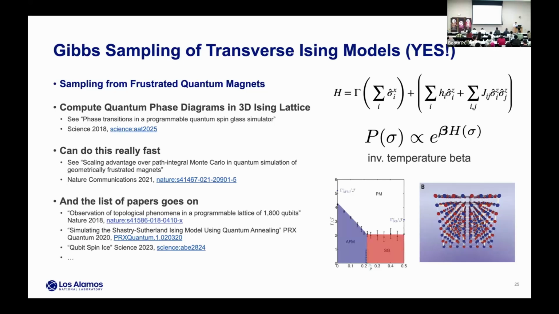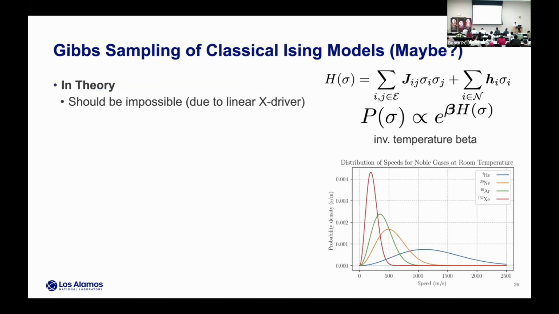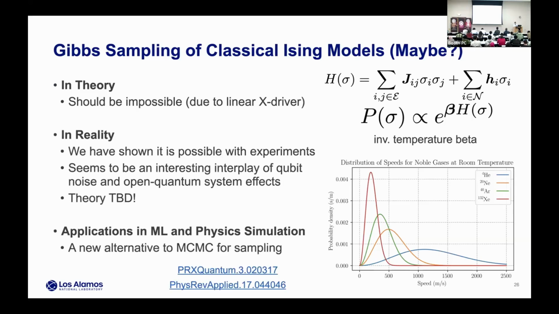The hardware can do this for you quite effectively. That's for sampling from the transverse field Ising model. You can even do sampling from a classical Ising model. In theory, this should not happen, but we have some interesting results that suggest it is possible. We don't have a theory for why, but we have a protocol which lets you sample from the classical Ising model with these devices, which is pretty interesting.